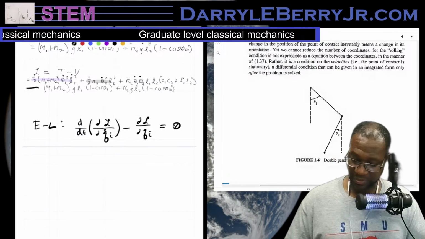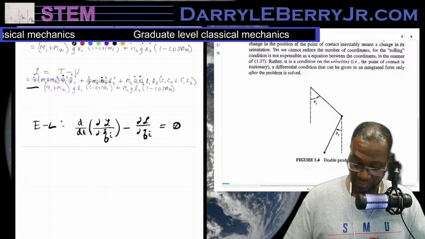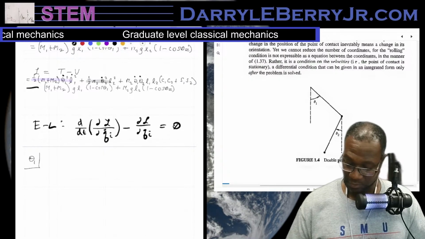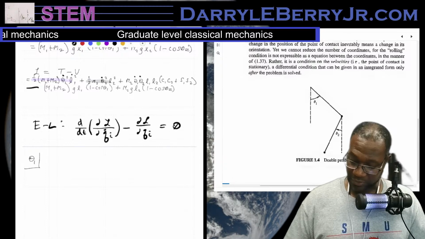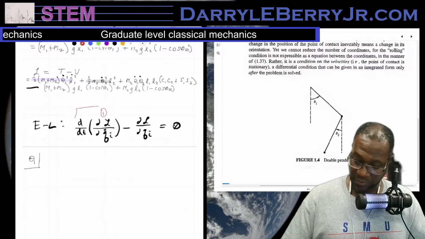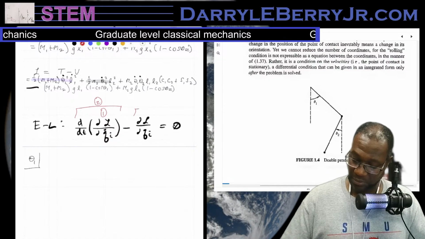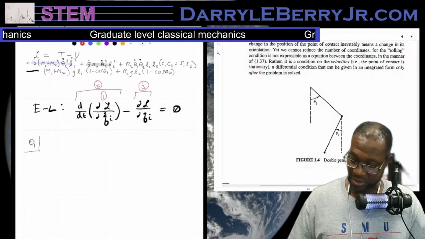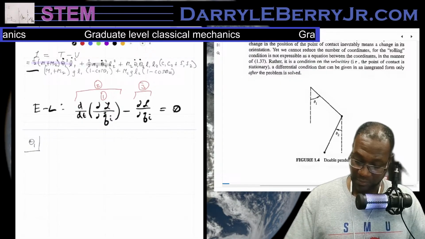Okay, so let's go ahead and work this out for each one. So we have theta 1. I'll just take this in pieces. This will be the first thing, this will be the second thing, and this will be the third thing. So I'll do these in pieces.